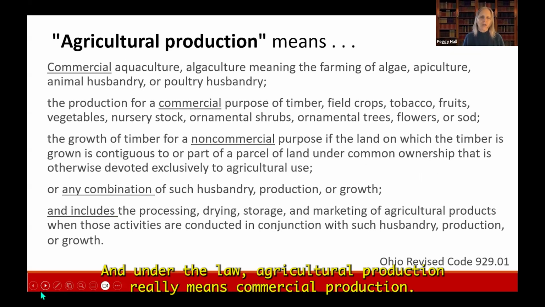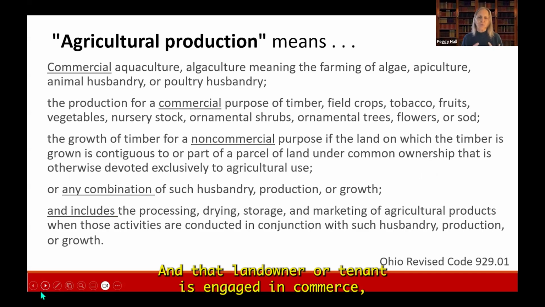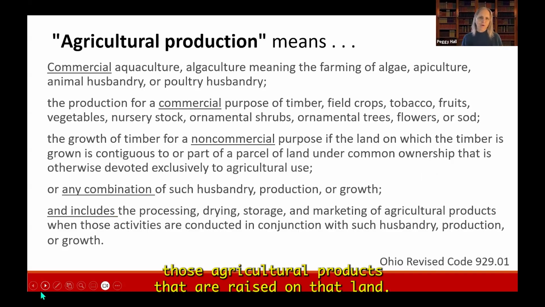And under the law, agricultural production really means commercial production. So we're looking at land that is used for commercial agricultural production, and that landowner or tenant is engaged in commerce, in the business of commerce, of growing and selling those agricultural products that are raised on that land.